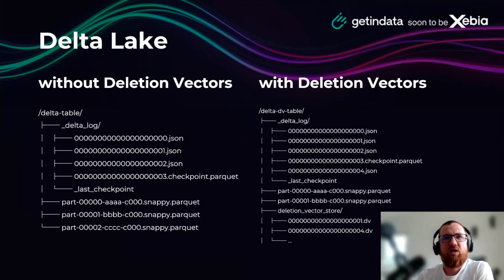Let's look at how an open table looks on our storage, how the structure of the folder looks. Let's start with a Delta Lake table. And as you see, a table defined in the open table format is just a structure of folders.